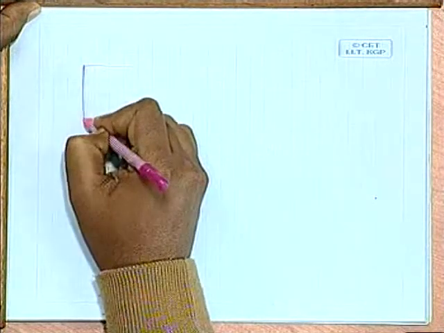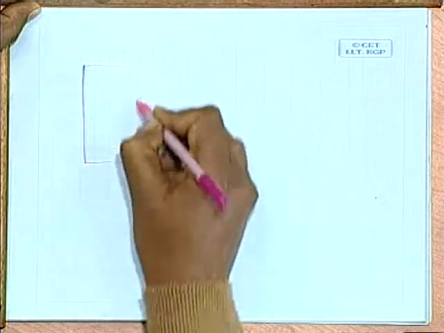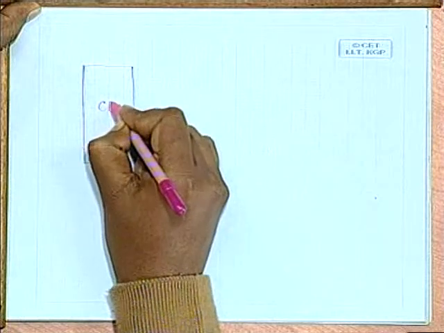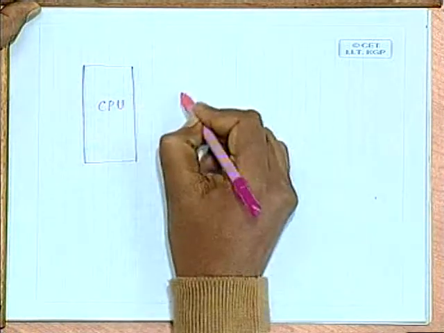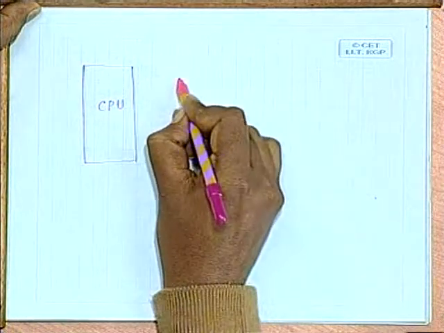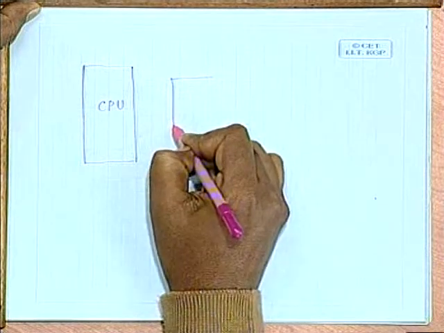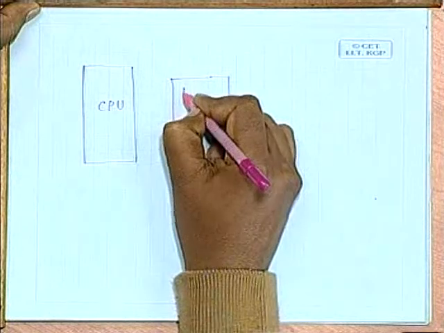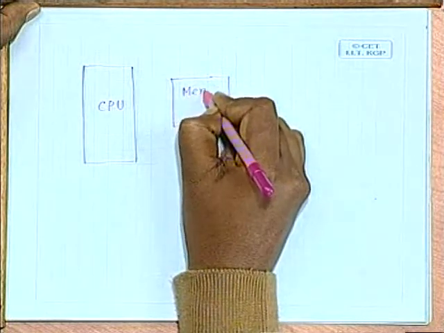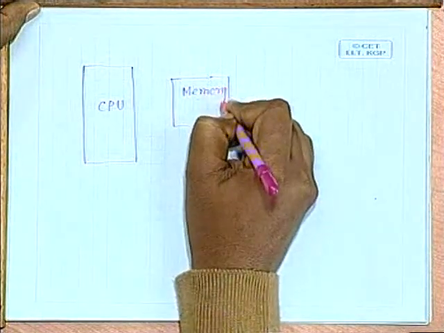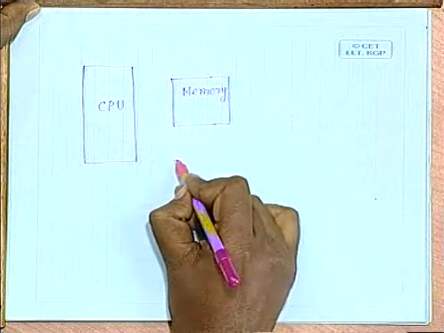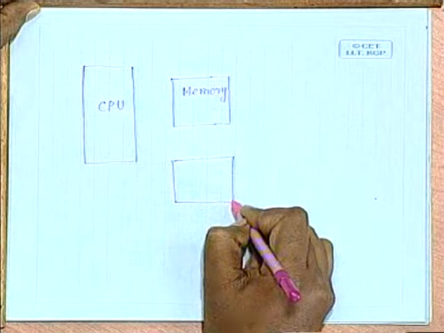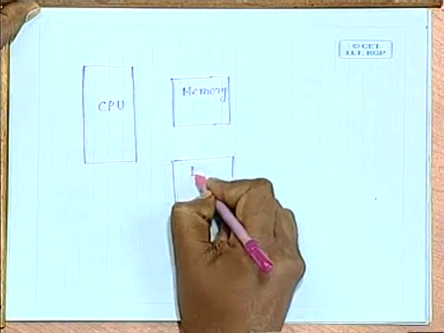We have to have a CPU, or central processing unit. We must have some memory, and we also must have some input output device, or in short, an IO device.